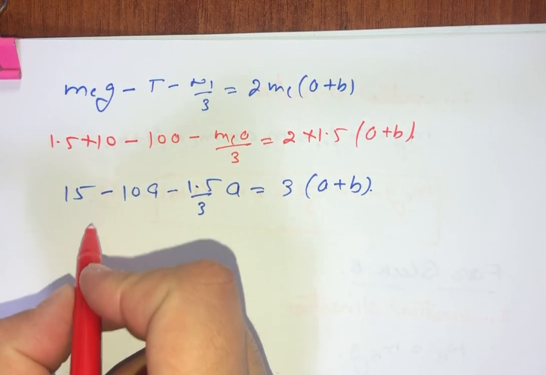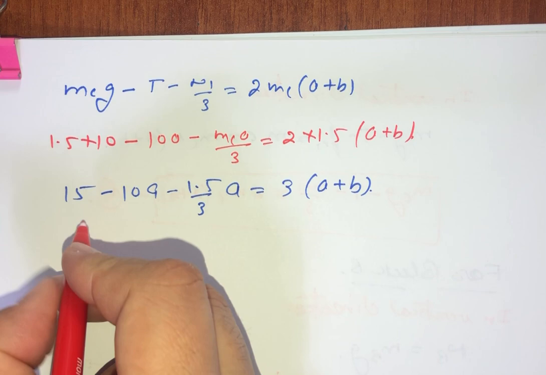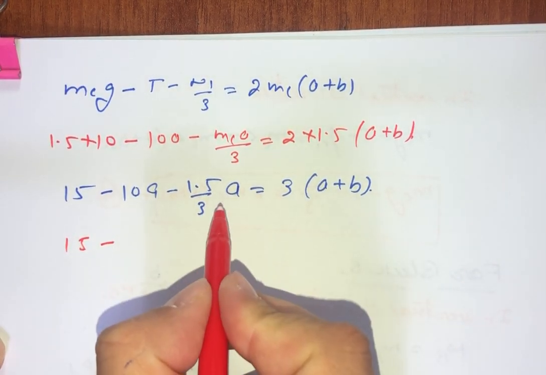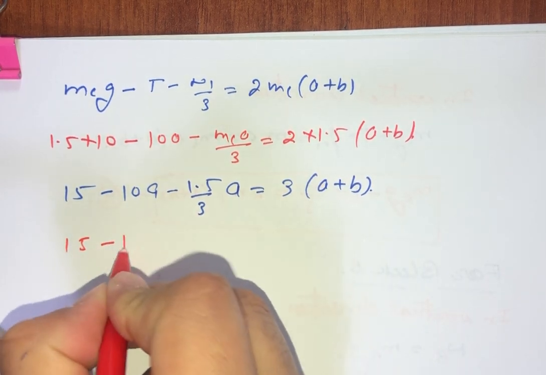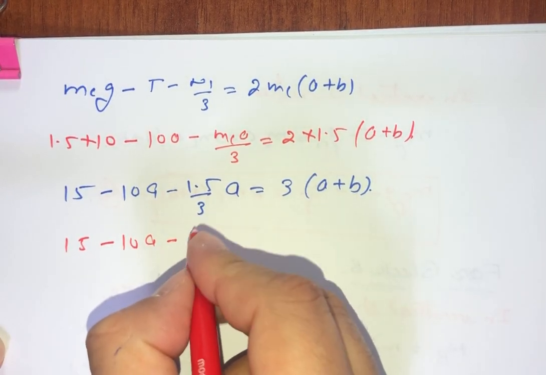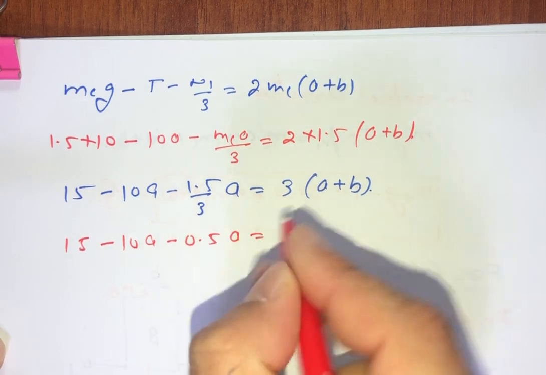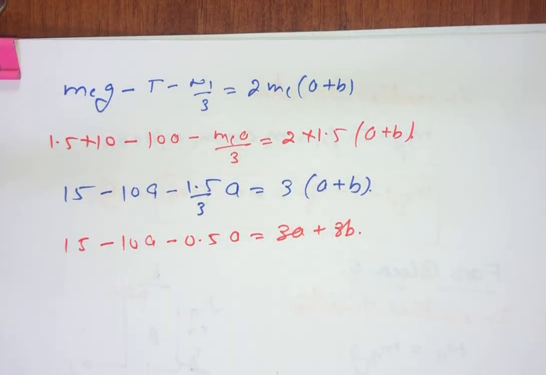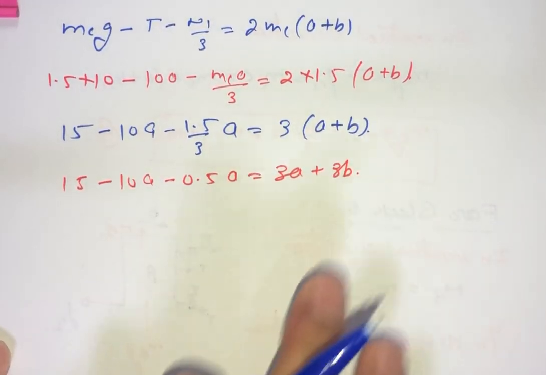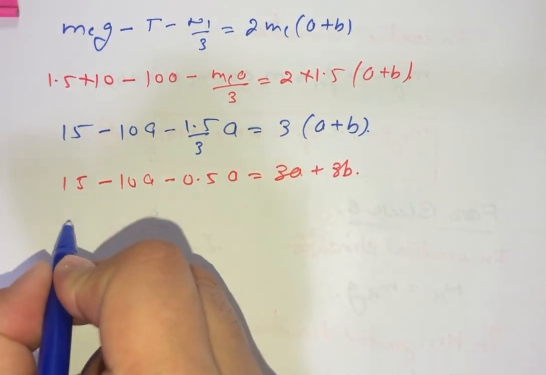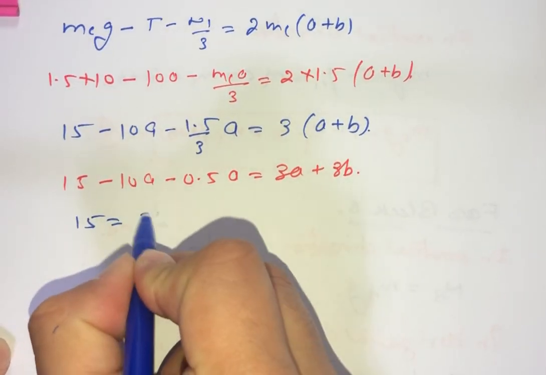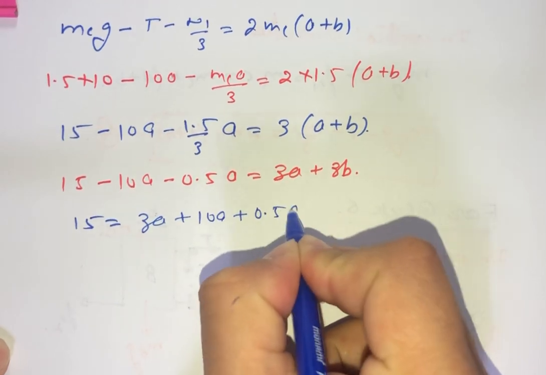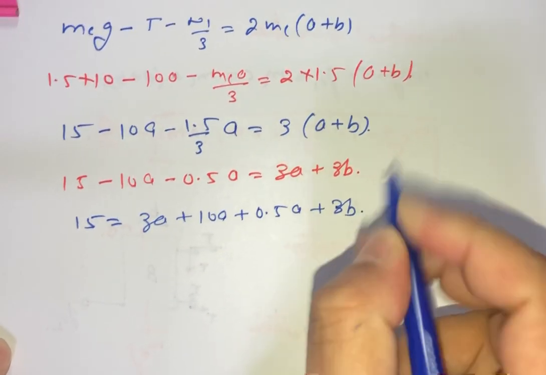So we can further solve it. We are going to get 15 minus 10a minus 0.5a is equal to 3a plus 3b. Making the like terms on the same side, we get 15 is equal to 3a plus 10a plus 0.5a plus 3b.